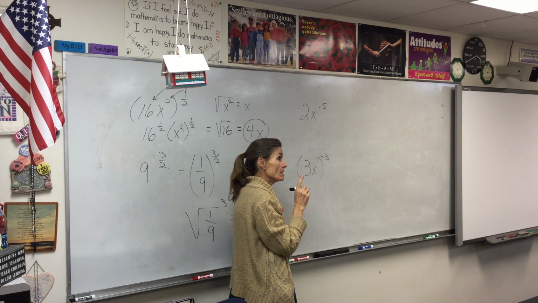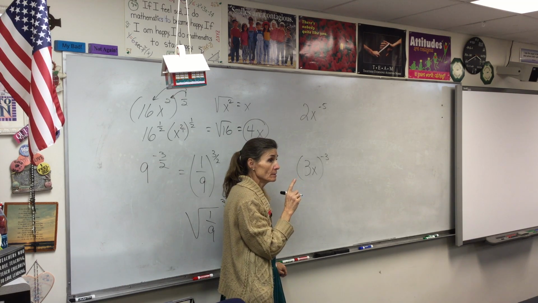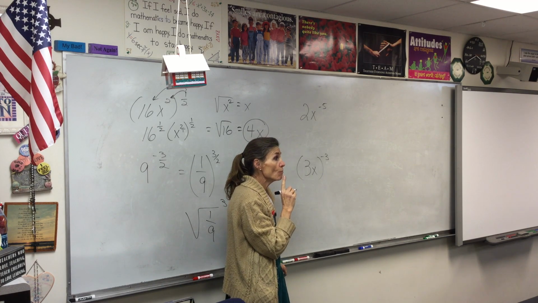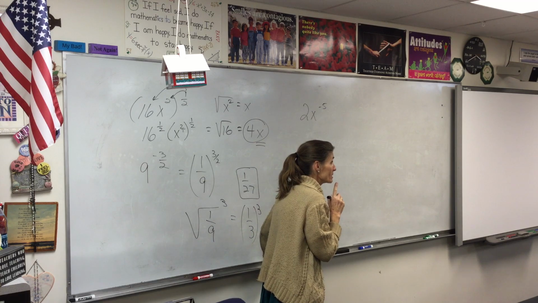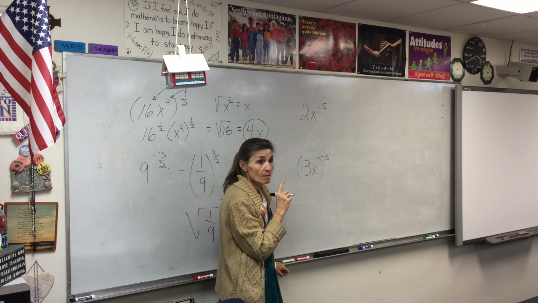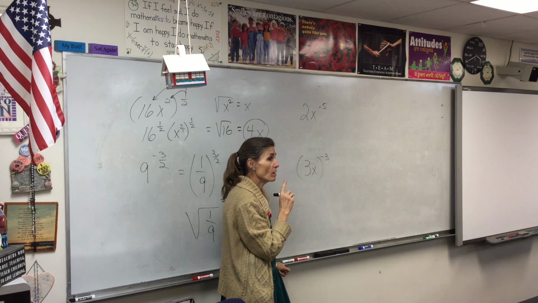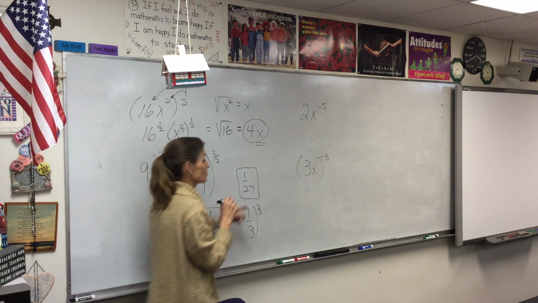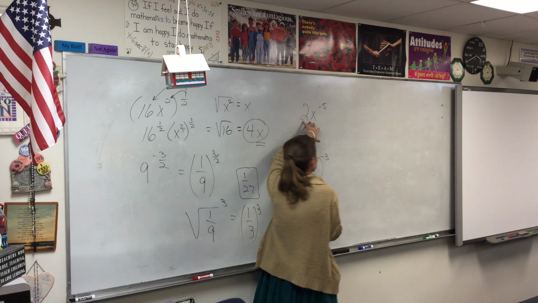Now, first of all, there's no radical. Why is there no radical? Because there's no fractional exponent. Now, there is a negative exponent, but that doesn't make radicals. What do negative exponents do? Flip it over. So what's that going to look like?